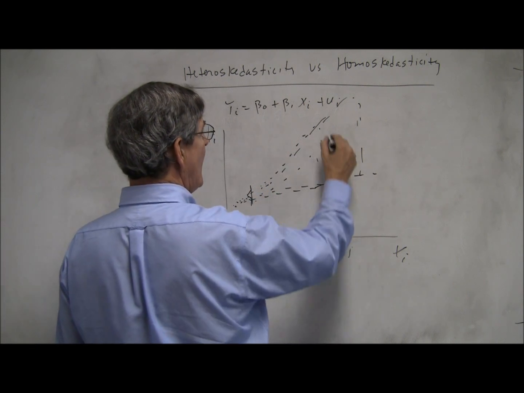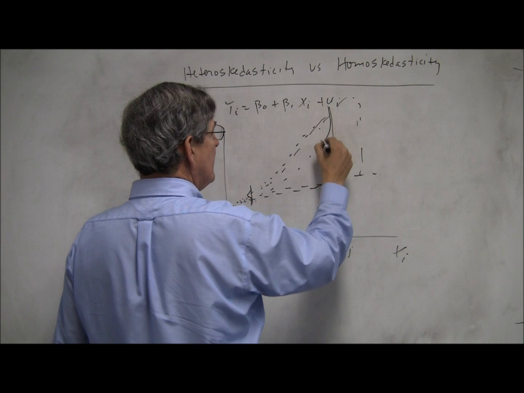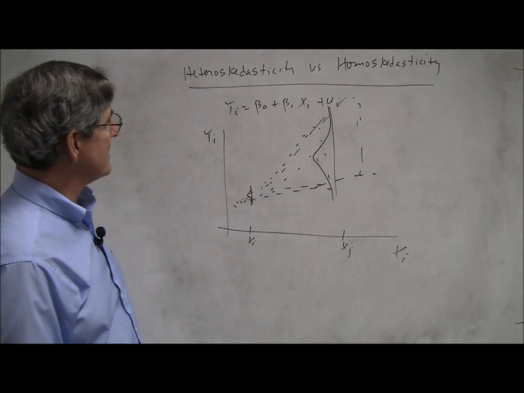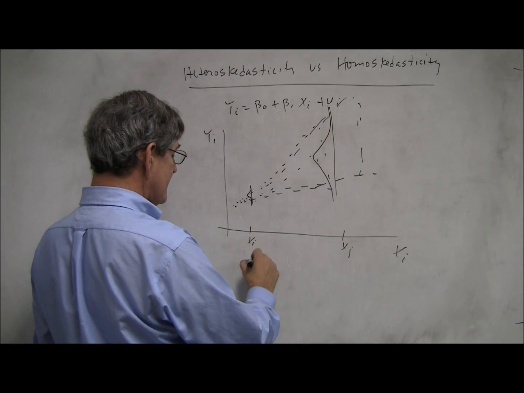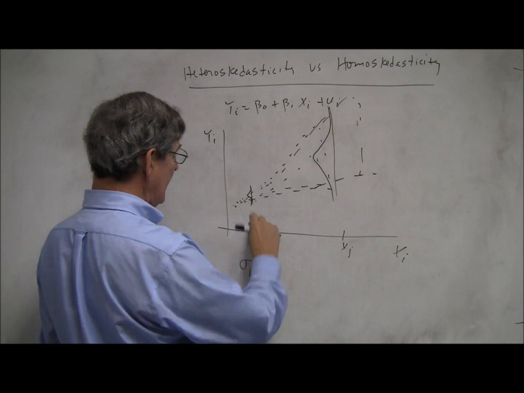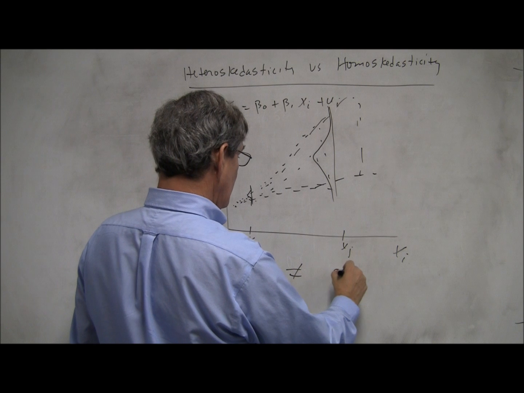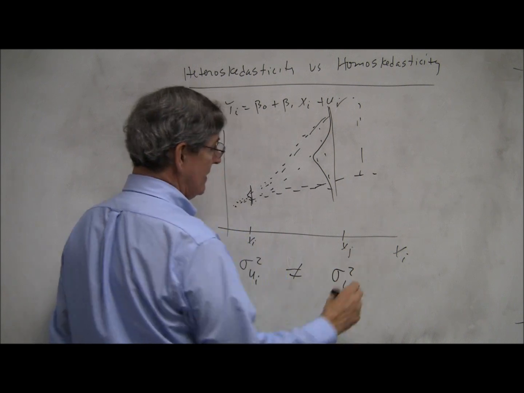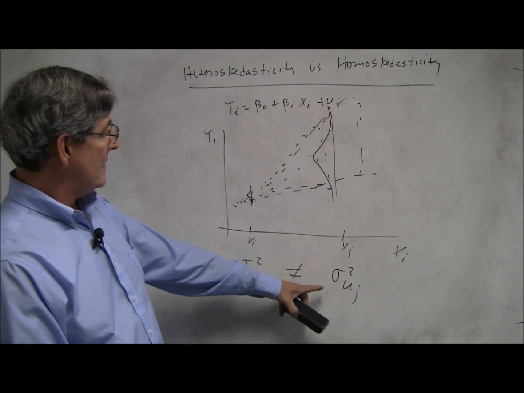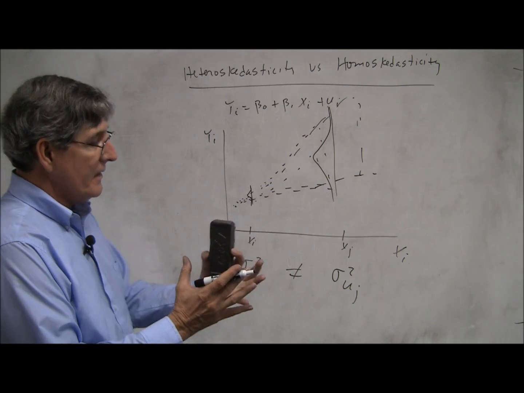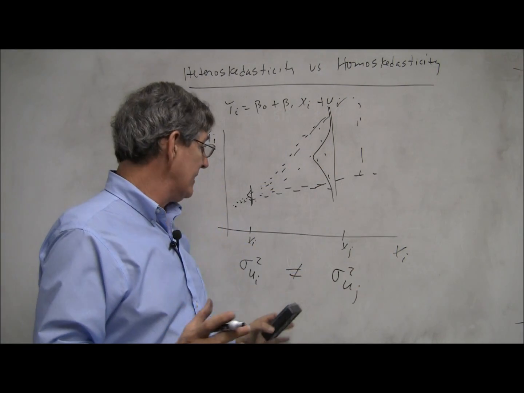Conditional out here on xj, you've got a really big variance for the error terms. So in this case, sigma squared ui, the variance of the error term here, will not equal the variance of the error term out here. The variance is getting bigger and bigger as x goes up.